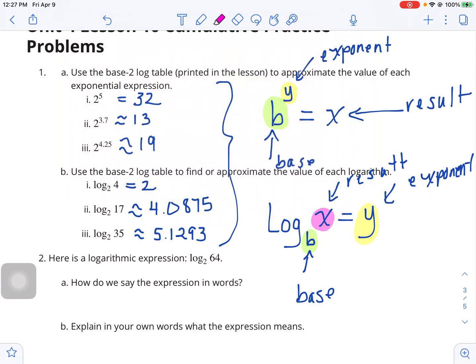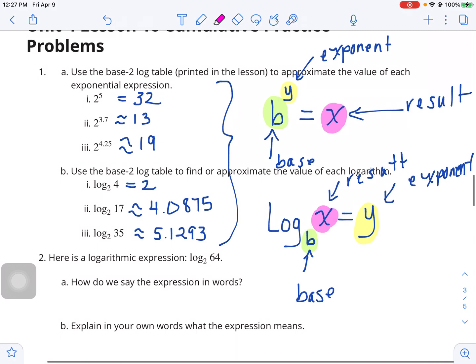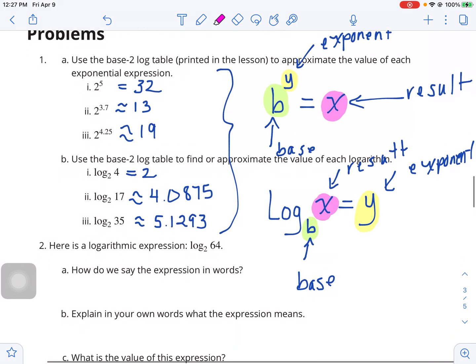So that's here in the logarithmic form, and it's there in the exponential form. So be sure and take a look at lesson 10. There's a good diagram of that and an explanation. So if you're having trouble understanding that, refer to lesson 10 in Illustrative Math.